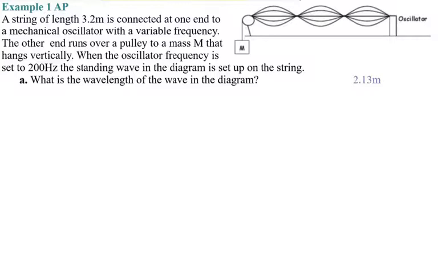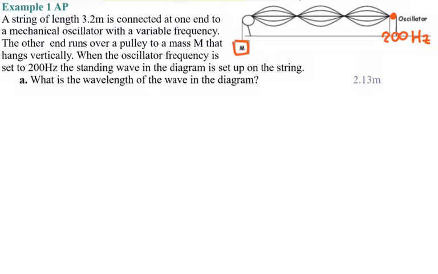So here's the oscillator and it has a vibration. The other end runs over a pulley to the mass M. So here's the mass M that hangs vertically. When the oscillator frequency is set to 200 Hertz, the standing wave in the diagram is set up on the string. So they show you the standing wave in the diagram.